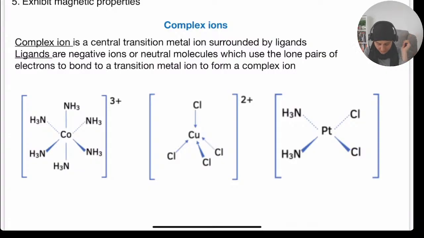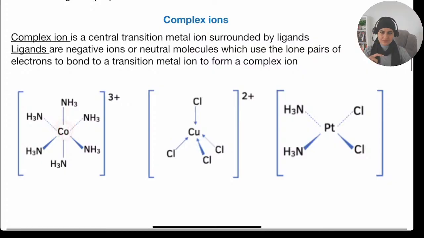What's important when you are asked to draw the complex ion, you write down the transition metal in the middle, and then the ligands must be written in such a way that you draw the line, the bond, from the metal to the atom that donates a lone pair.